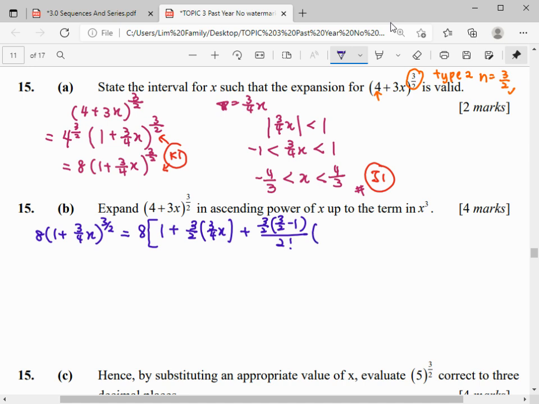So there are two of them, 3 over 4x to the power of 2. So here just power of 2. Not enough yet. The question said we have to expand up to power of 3. So we continue. Minus 1, minus 2, 3 factorial, then 3 over 4x power of 3. Then at the back here we put dot.